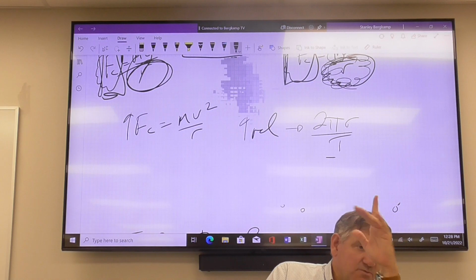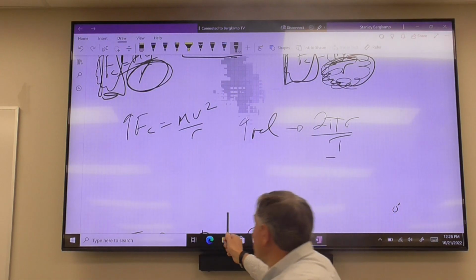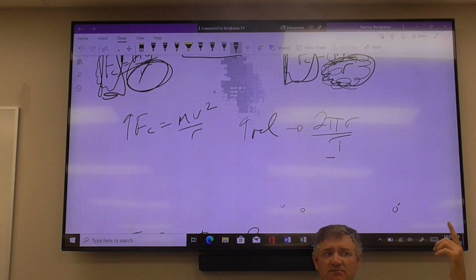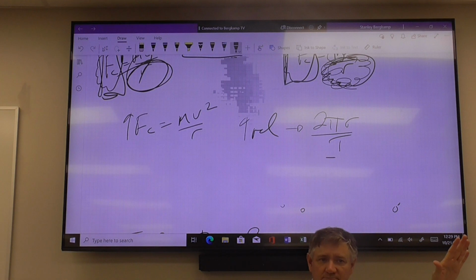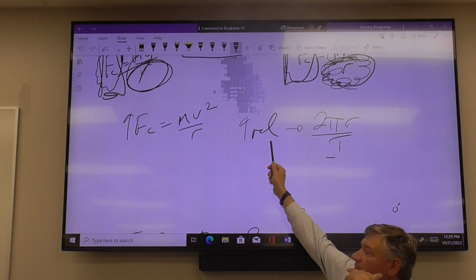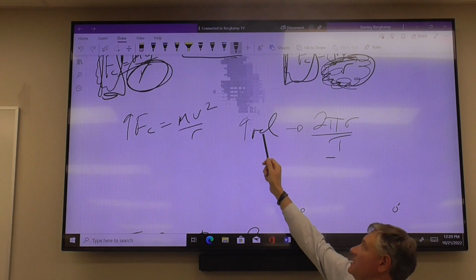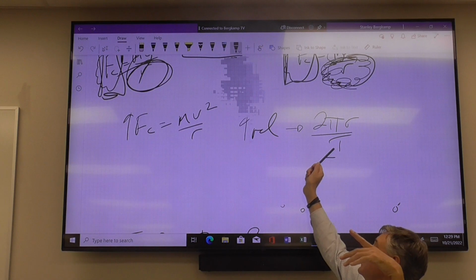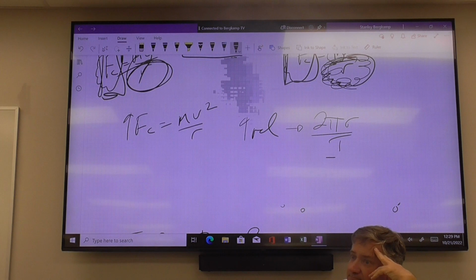On trials 1 through 4, I'm always going to have the same radius, so the circumference of that circle isn't going to change. That's a fixed value. So what's the only way I can make my velocity get bigger? To create a bigger velocity, what's going to happen to that value of t? It's going to get smaller.